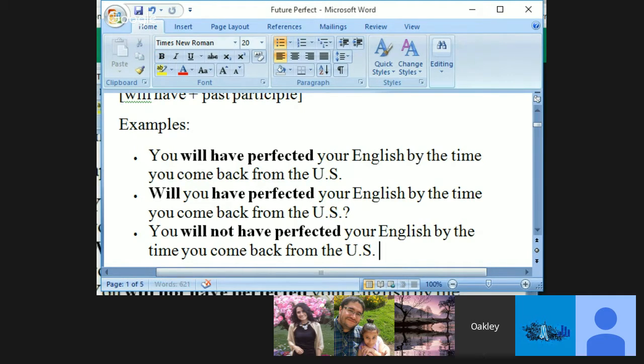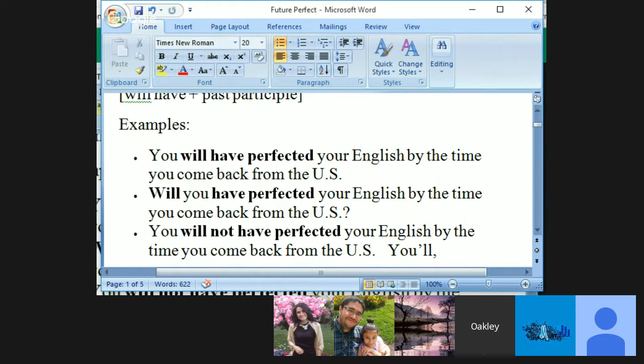Of course, in colloquial spoken English, conversational English, while it is possible to use the contracted form of you will, you'll not have perfected your English, frankly, that sounds a little weird, a little formal, and in general, native speakers, when given a choice, will probably tend to contract the not if there's a choice.